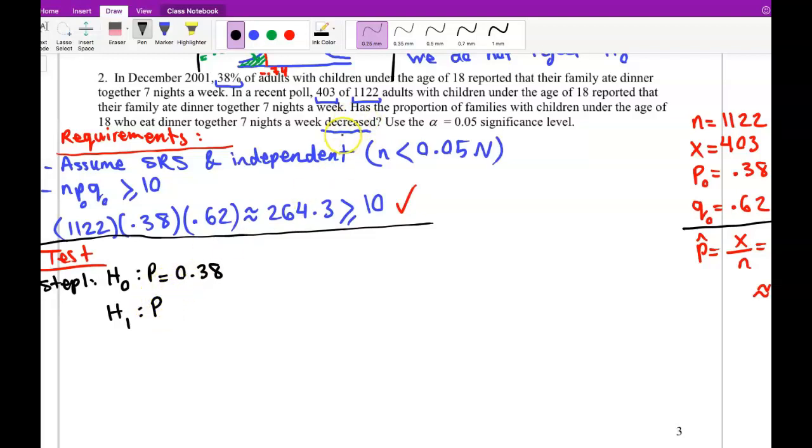Since it's asking whether the proportion p of families with children under age 18 who eat dinner together 7 nights a week decreased, since I have this one, decreased, what that means here is we're going to use less than. So p less than 38%. So that is step 1.